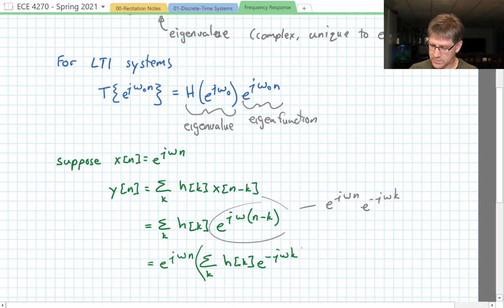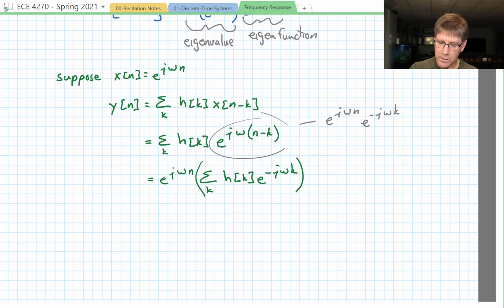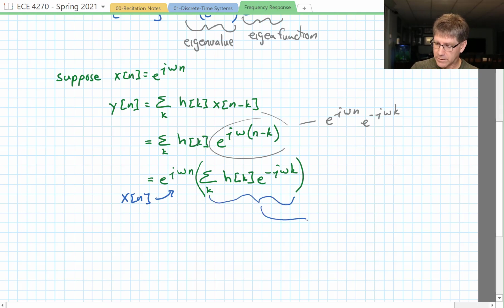And just to make the point, in this case, look at this. This is the x[n] that we started with. And this, although it's a big function, notice it does not depend upon x other than it has the same frequency, ω.